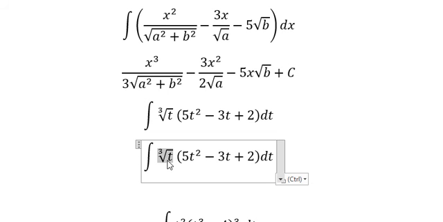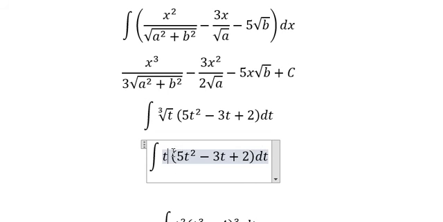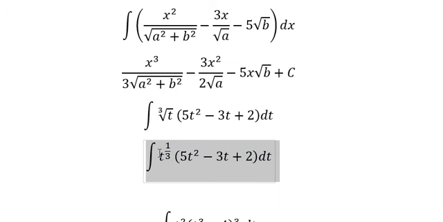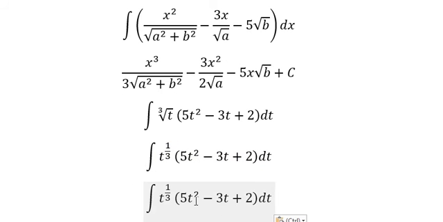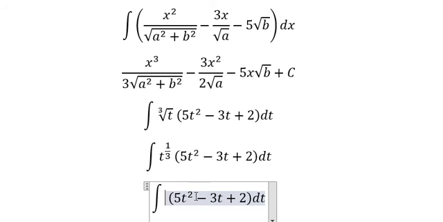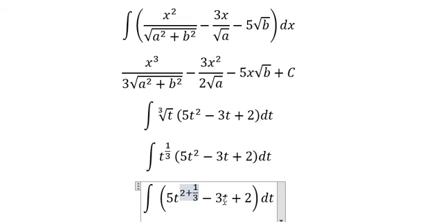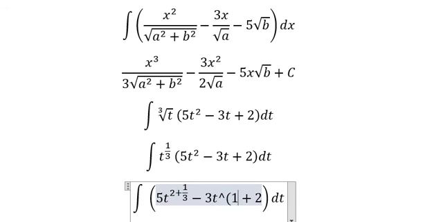about this one we change t into t to the power of 1 over 3. And this one multiplied by t square, t and number 2, and we will get like this. So we put 1 over 3 go in here, and this one t is number 1, so you get t to the power of 1 plus 1 over 3.